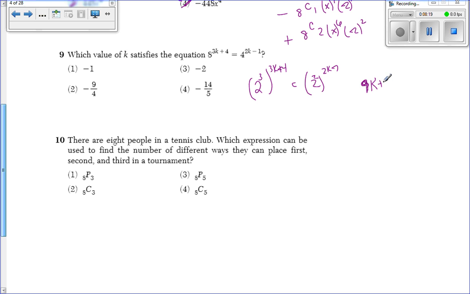9k plus 12 equals 4k minus 14. So subtract 4k, 5k, and subtract 12 equals negative 26.